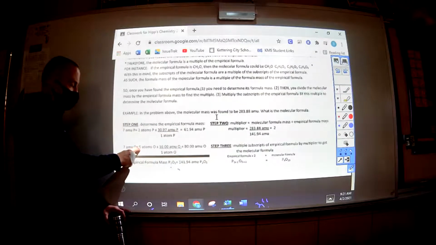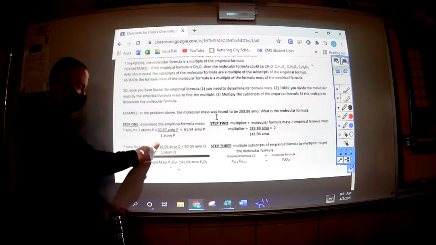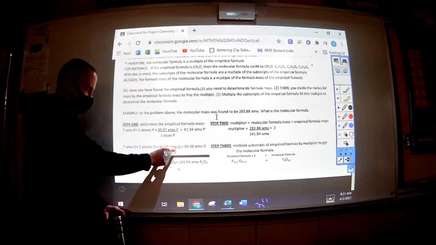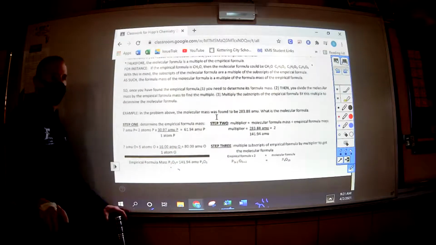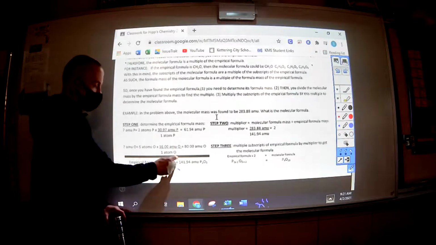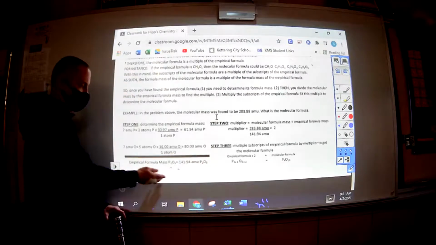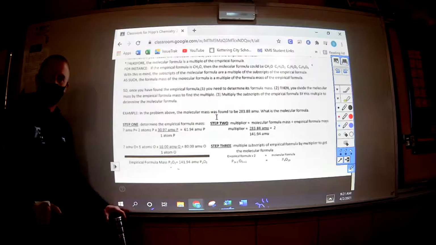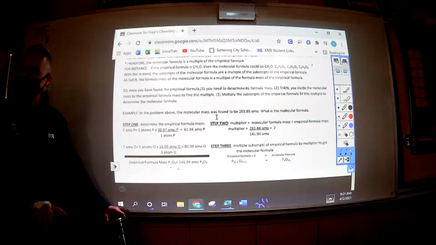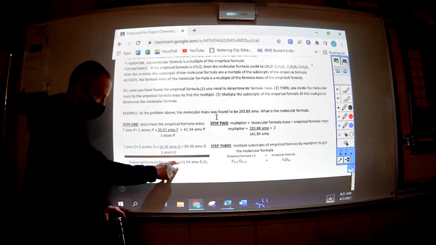There's 5 atoms of oxygen in P2O5. I multiply that by 16 AMUs per 1 atom of oxygen. The formula mass of P2O5 is 141.94. Did we lose anybody there? I'm just adding up the mass of P2O5. It's 141.94.